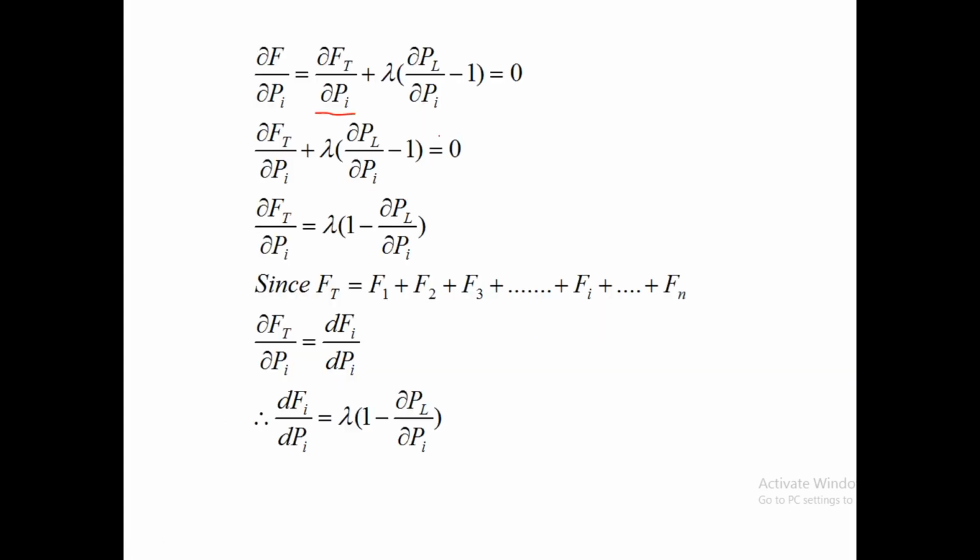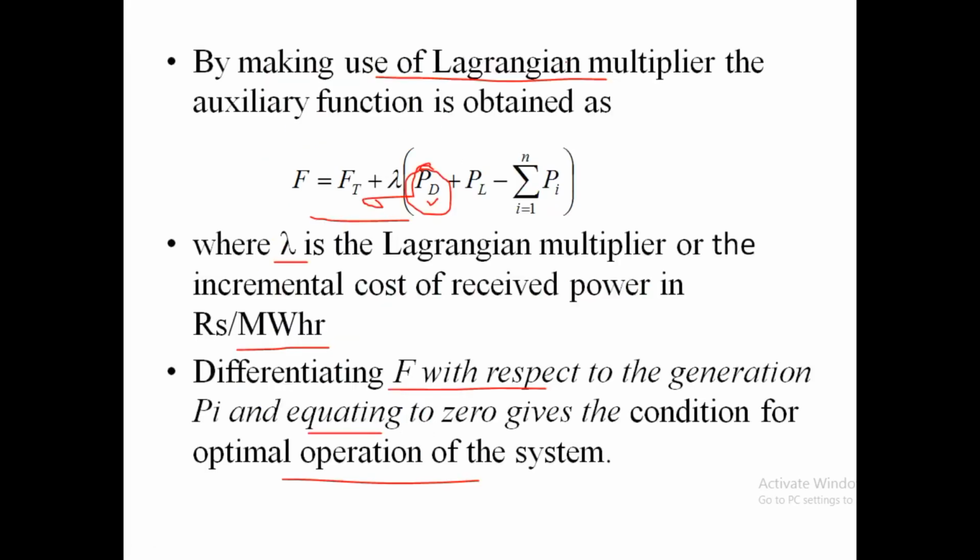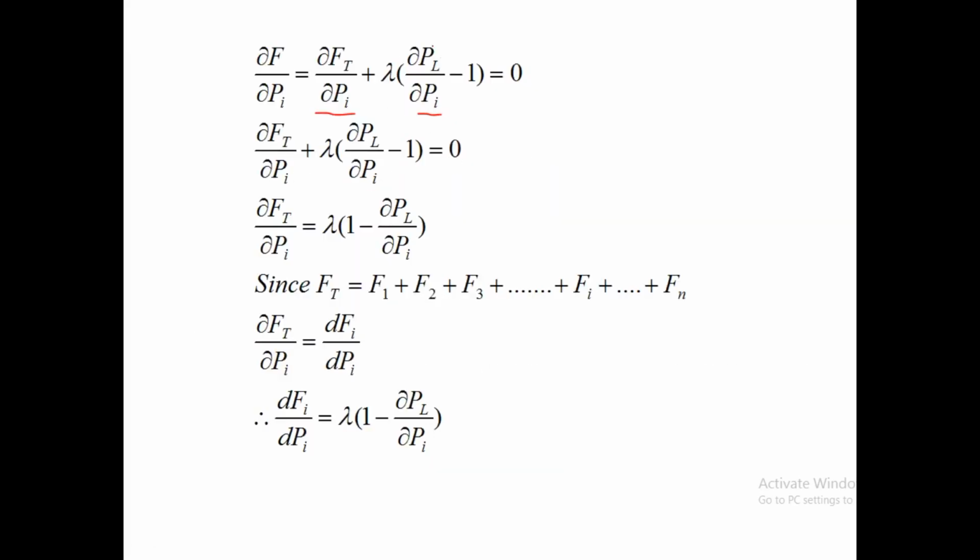So the second term is dou PL by dou pi minus 1. How we get the 1 was explained in the earlier lecture. Writing again, dou ft by dou pi plus lambda into dou PL by dou pi minus 1 equal to 0.